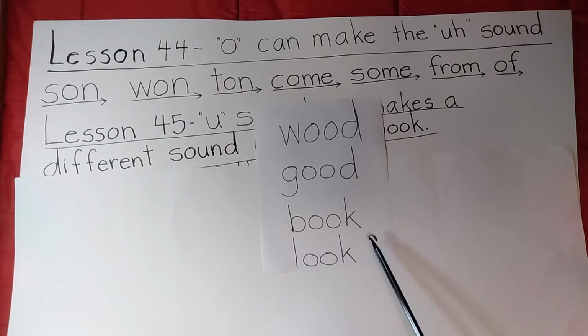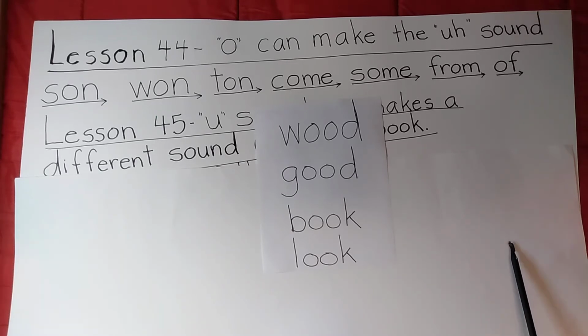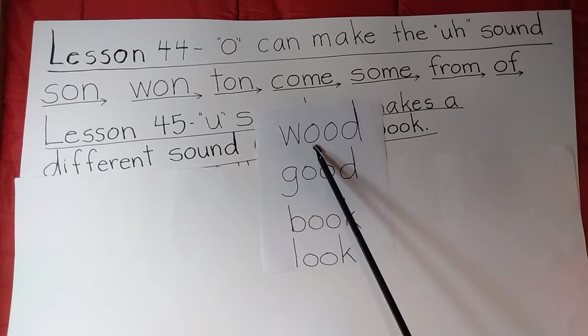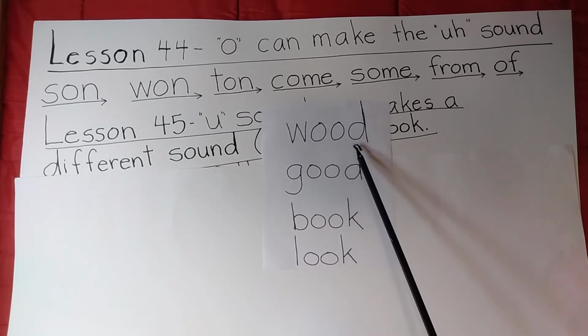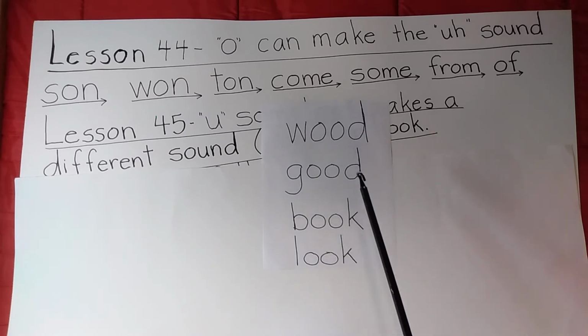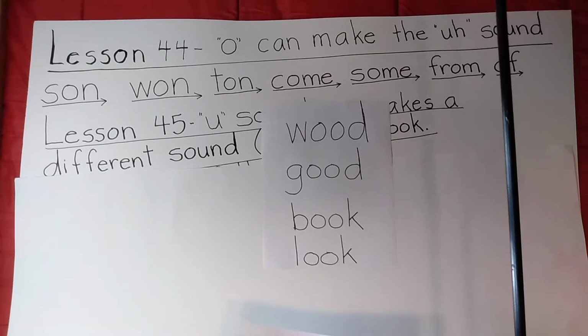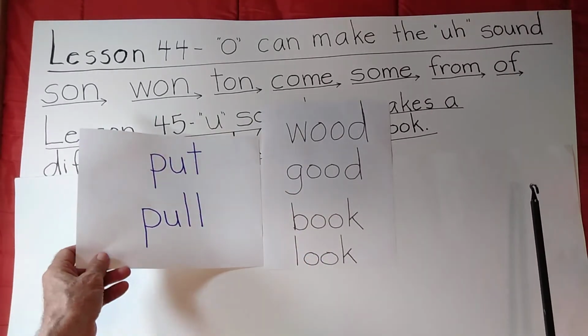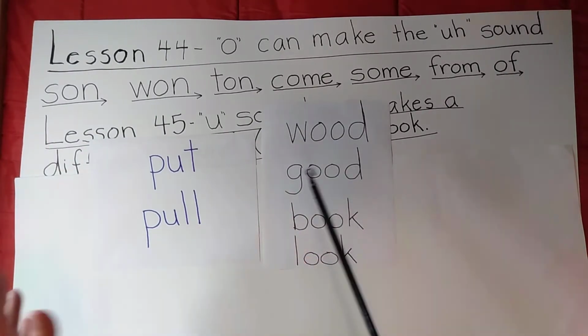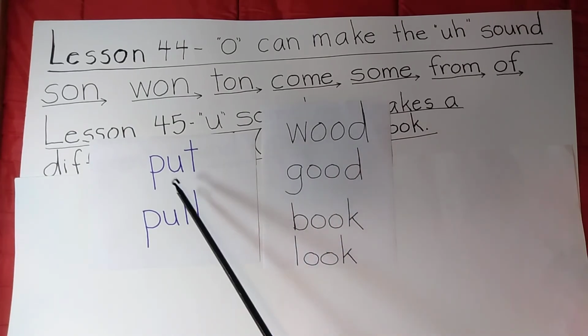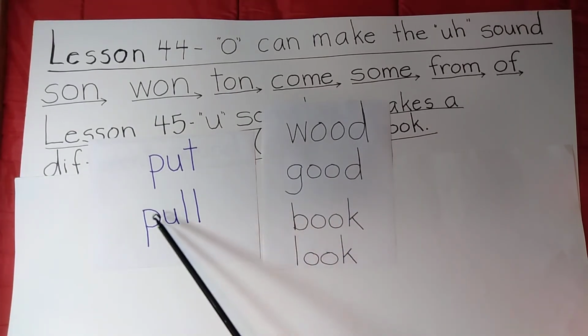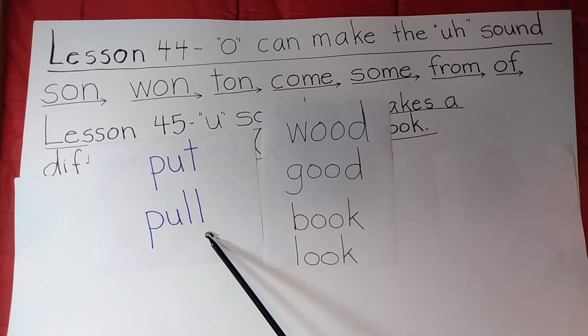This sound I did not use in my ABC song. When we got to U, it says U, and that was it. We didn't have this one. And actually, we're not going to be using the double O in the examples in the next lesson. We're going to be using words that actually have U in them, that sound just like these words. So we've got put and pull as examples.